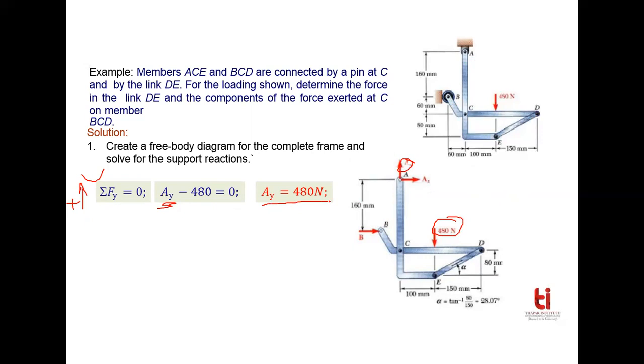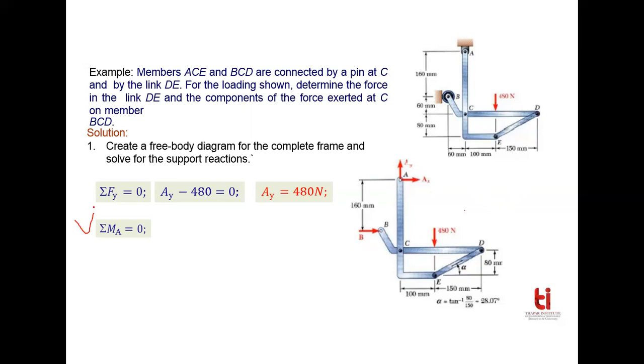That will give you Ay is equal to 480 Newton. Next, you can balance horizontal forces also. That will give you Ax plus Bx equals 0. We will write that later on, but first of all let's apply the moment balance.